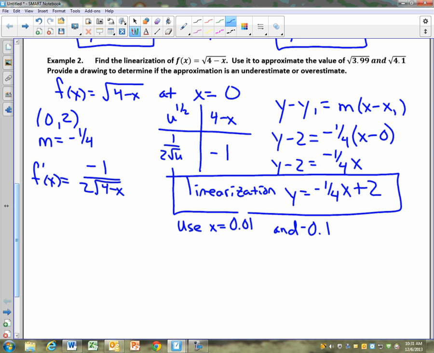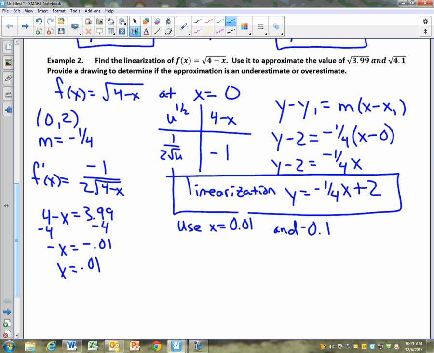So, what we chose is x equals 0 is the spot for our linearization, right? So, the deal is that we want to come up with 3.99. So we said 4 minus x equals 3.99. We solved for that. We subtracted 4. We got negative x is equal to negative 0.01, so x is equal to 0.01.